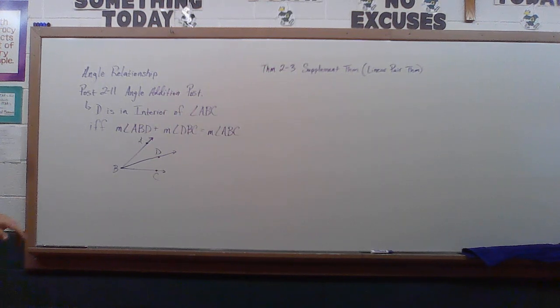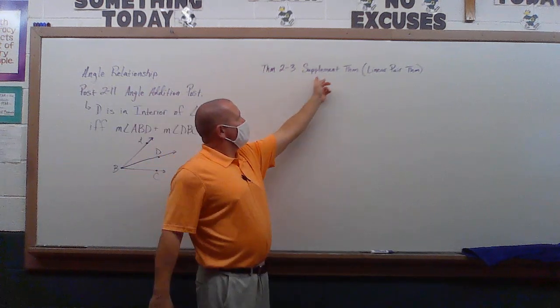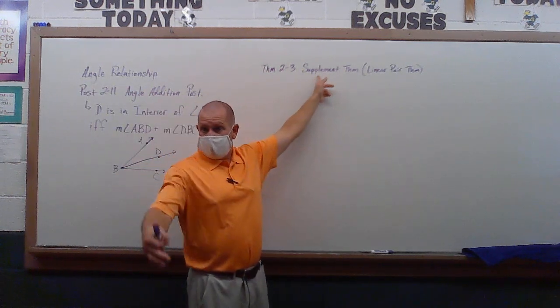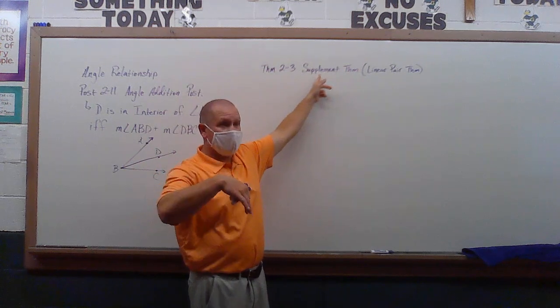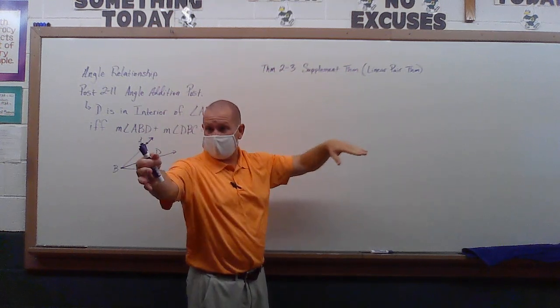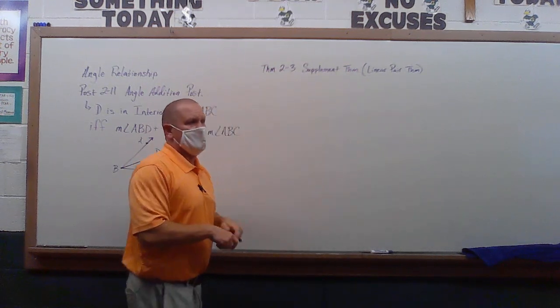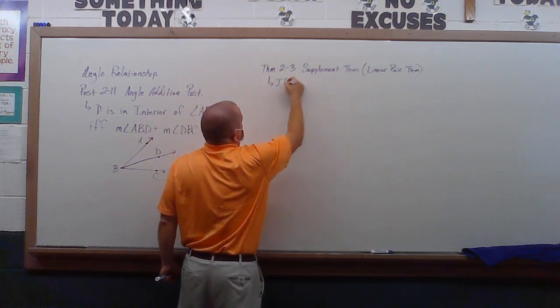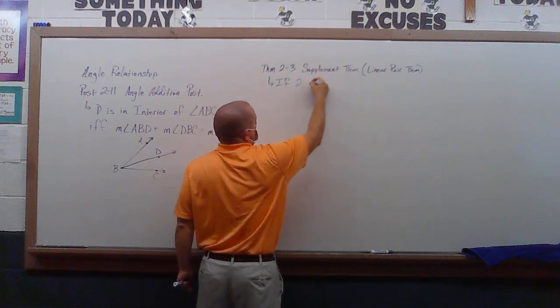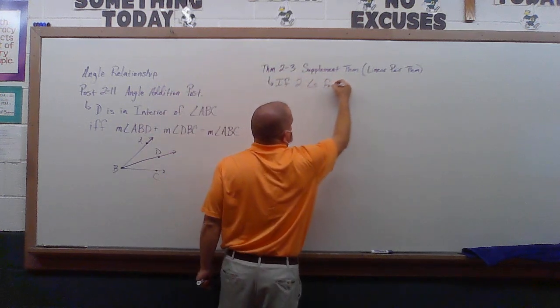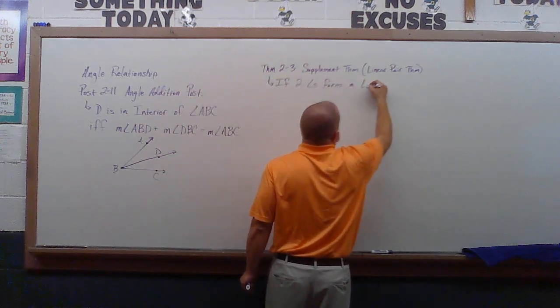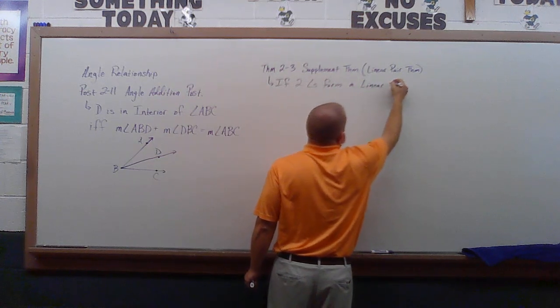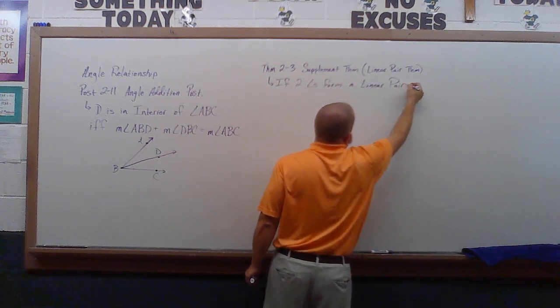Okay? So the supplement means that if you were given a number, the supplement would be what it adds up to get to 180 degrees. Exactly right. So this just says if two angles form a linear pair, okay?